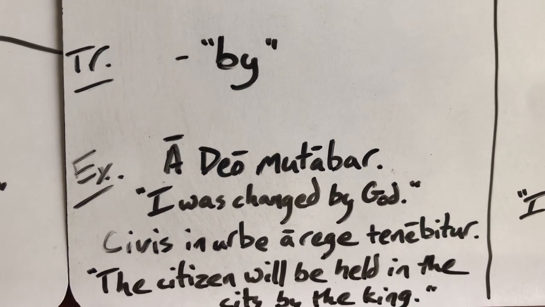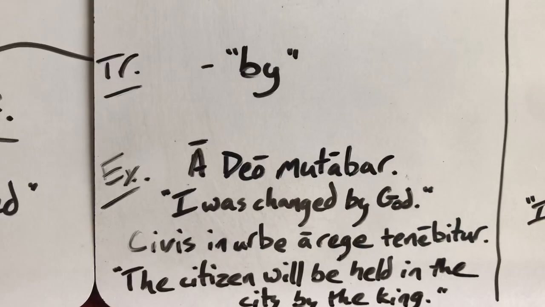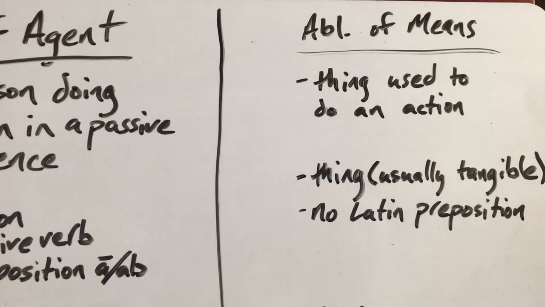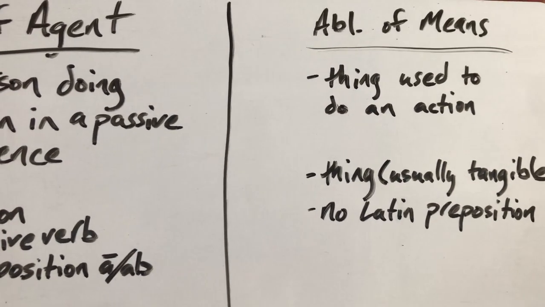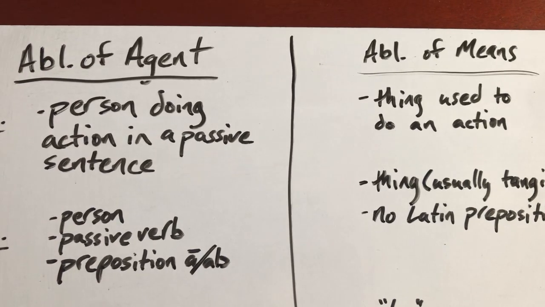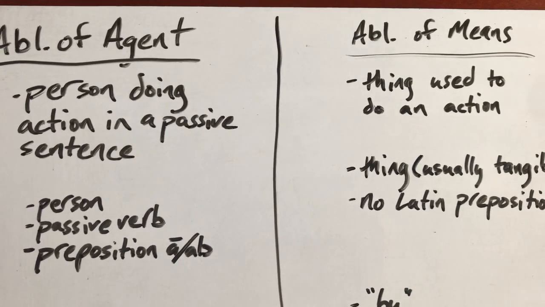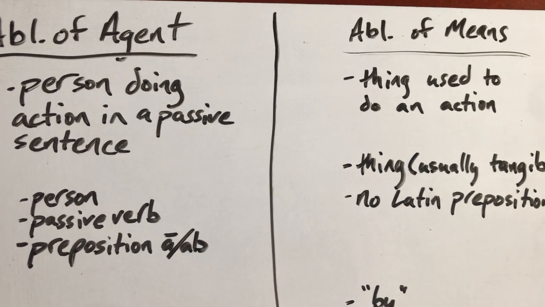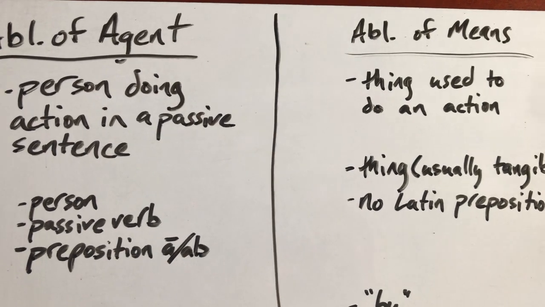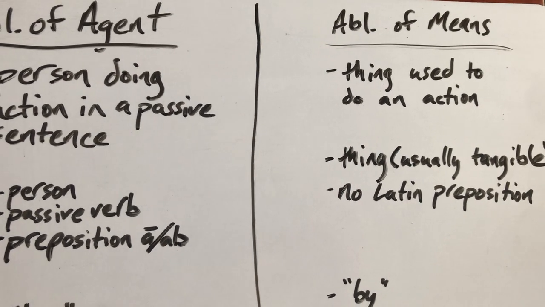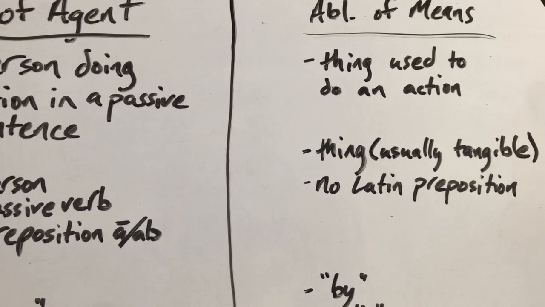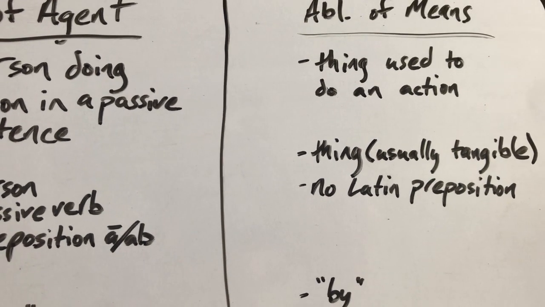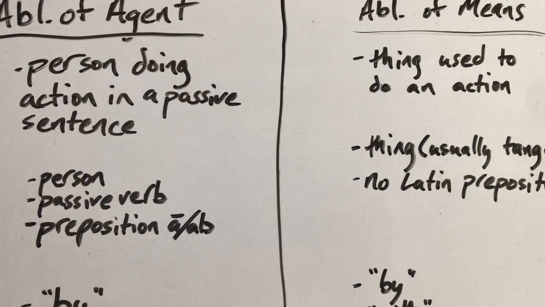Now the ablative of agent is very similar in idea to what we've already learned, the ablative of means. So I wanted to review the ablative of means with you real quick so you could tell these two ablative uses apart. So ablative of means, rather than being a person, is going to be a thing that is used to do an action. To recognize it, it's going to be a thing, usually something that is tangible or concrete, something that you can touch, rather than with the ablative of agent, a person.